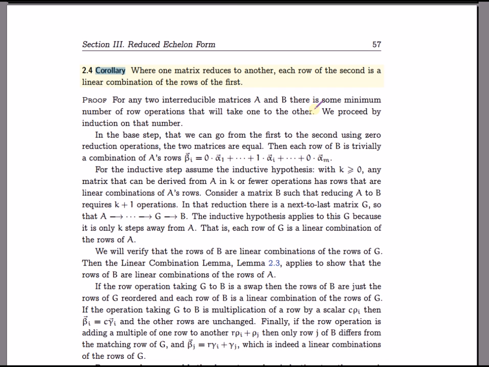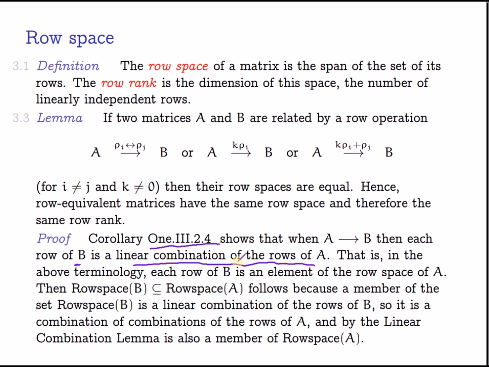When one matrix reduces to another, each row of the second is a linear combination of the rows of the first. Okay, so we're just getting from one matrix to another via a process of linear combination. And that's also pretty evident from the form of these operations. Okay, in other words, each row of B is an element of the row space of A because they're all linear combinations of those rows.